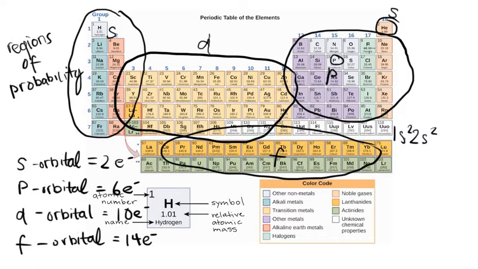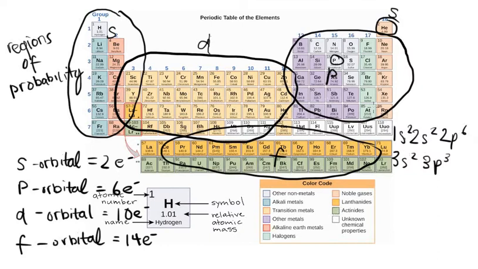Then 2p6, all this is filled. 3s2. 3p3, because 13, 14, 15. A good way to check is that there should be 15 electrons, so the superscripts should add up to 15. And they do. So this is the electron configuration for phosphorus, and we can do this for pretty much all the other elements.